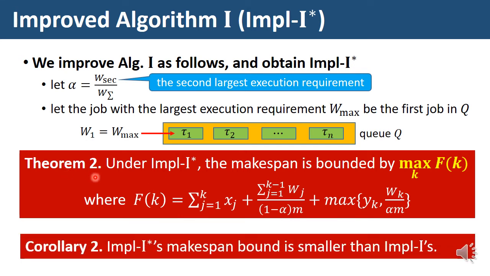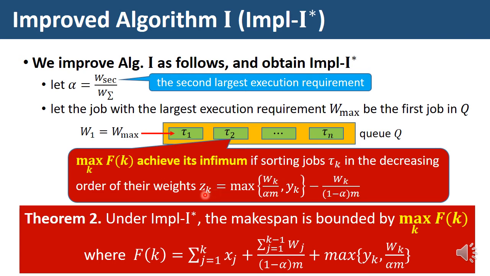From theorem 2, we can derive that the max span of implementation 1 star is much smaller than implementation 1's max span. Moreover, we carefully design the weight of each job, just like this, and sort the jobs in decreasing order of their weights. Then the maximum Fk achieves the infimum.